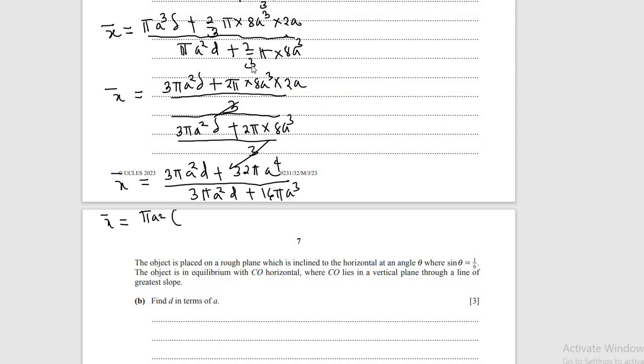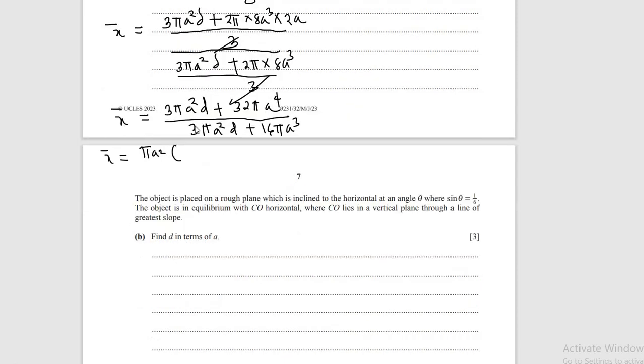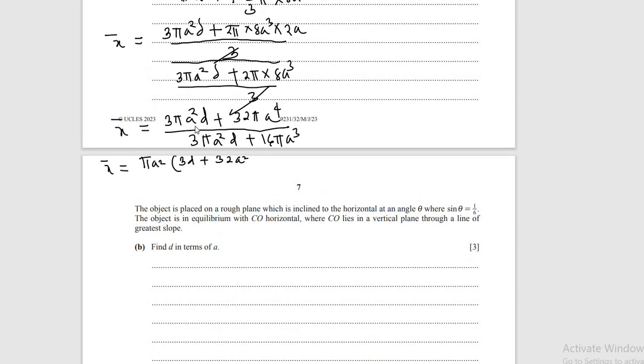When you bring it out, we have 3d plus 32a squared over the bottom. When you factorize pi a squared, we have 3d plus 16a left here. So this cancels this.